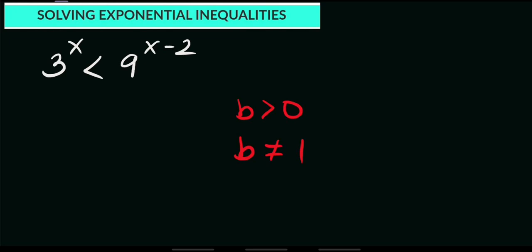So, if your base or b is greater than 1, then you need to retain the inequality symbol na ginamit sa ating problem. Kung ano yung direction niya, stay lang, hindi siya magbabago. So that is for b which is greater than 1.